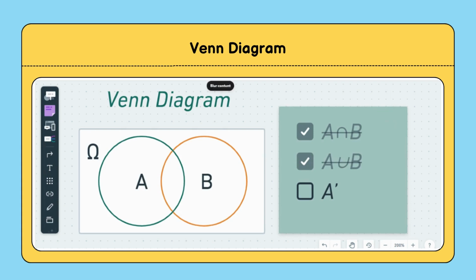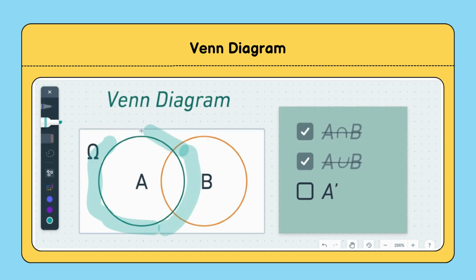What about A complement? A complement, as we talked about, is everything that is not in set A. Now, everything not in set A may or may not be in set B. It depends on the diagram itself. But at the end of the day, you look at the universal set that you have.